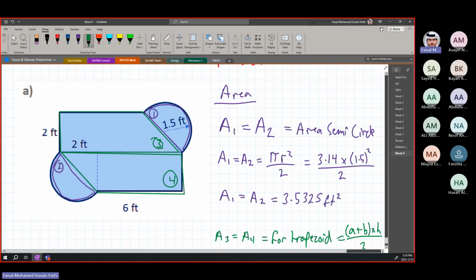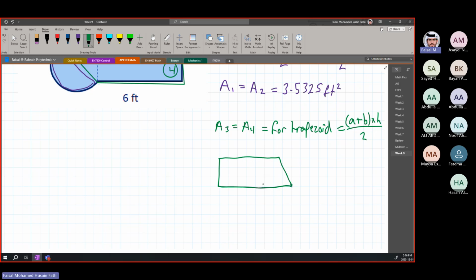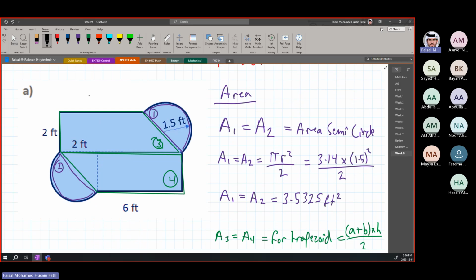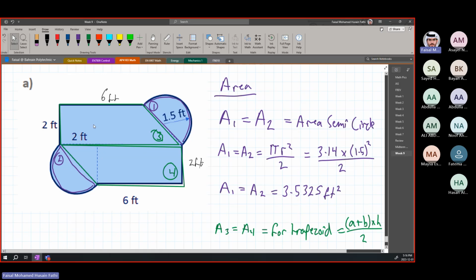Okay, we can either draw the upper shape or the bottom shape. They're equal, they're just in different directions, but it's the same thing. So these are the shapes we have. We need this side, which we already found out was 6 feet. And we already found out that this is 2 feet. We just have one more side that we need to find out, which is the total bottom side over here.